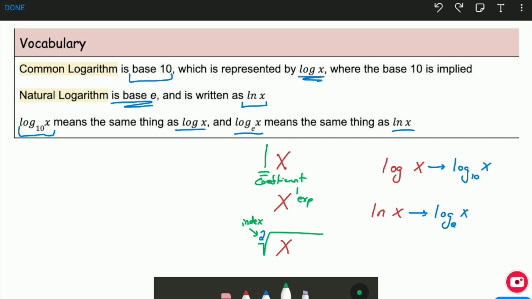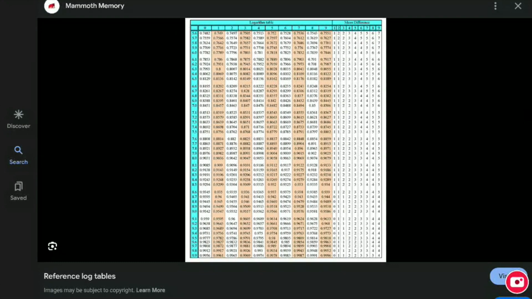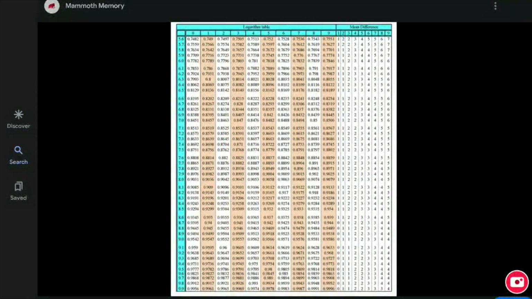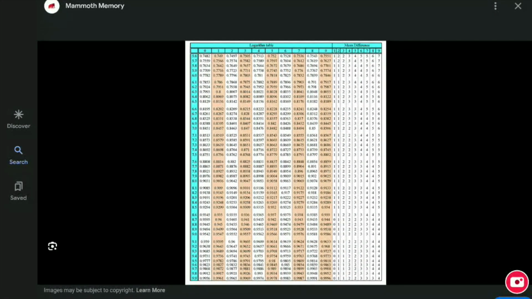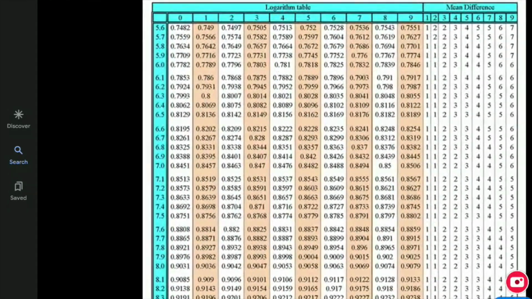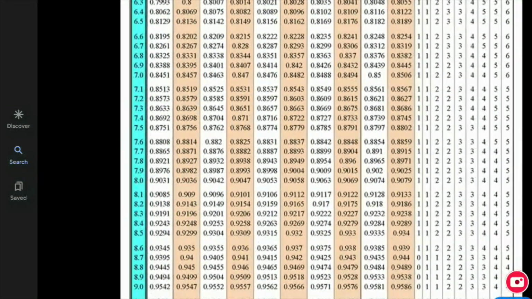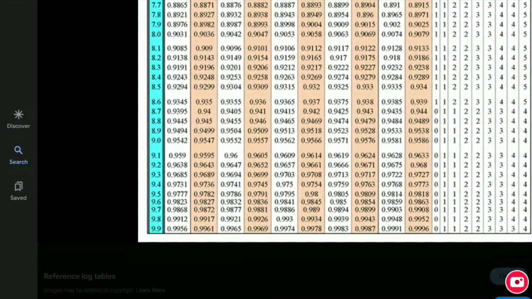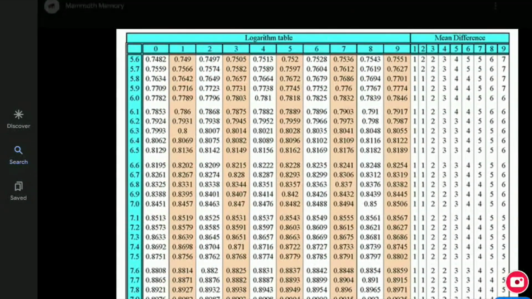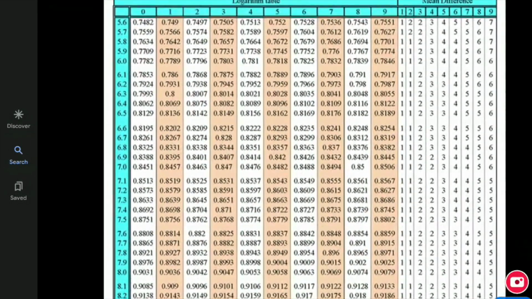And as a side note, back before calculators, people actually used reference tables to go through and find these. So yeah, just in case you were curious. And here's just a quick reference table that I just Googled for logarithms. You can see that there's a bunch of different numbers on here. I've used them before, but it's been very long since I've done that.